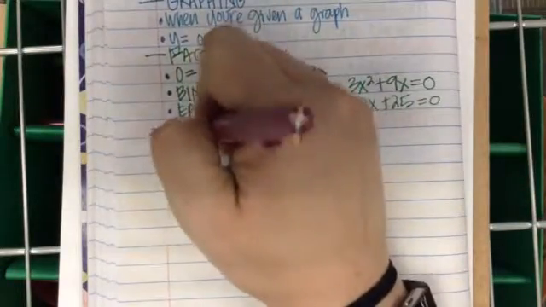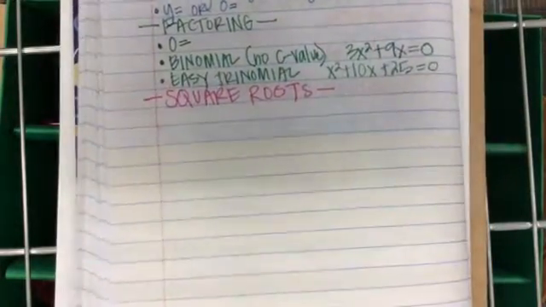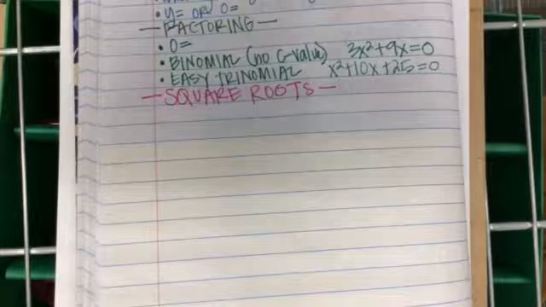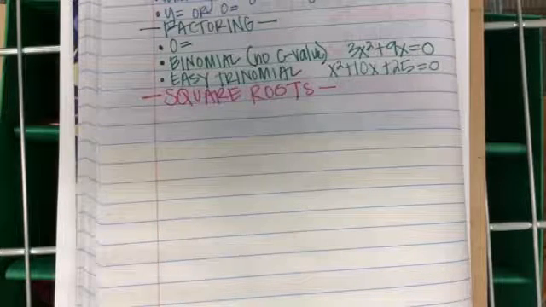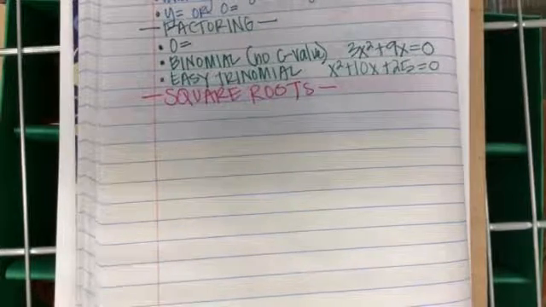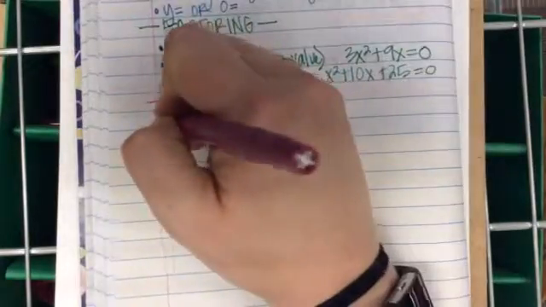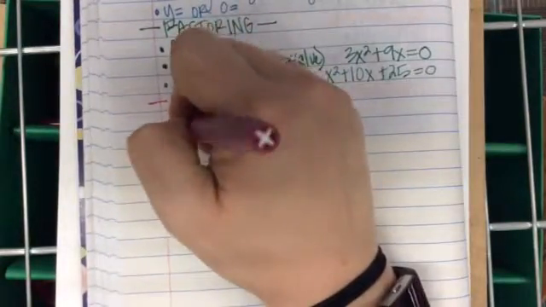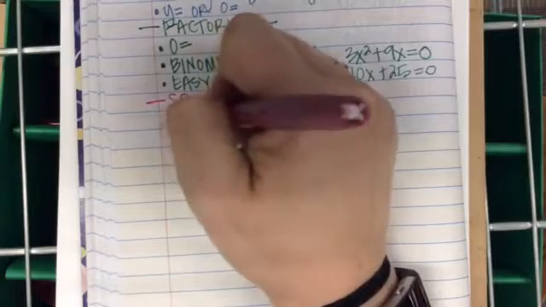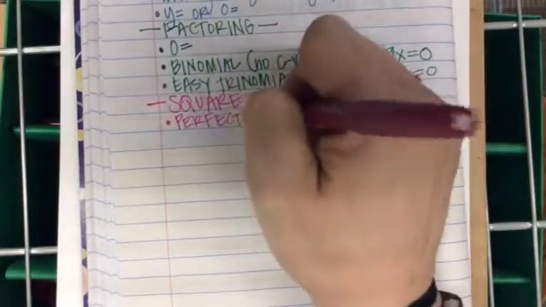Then we learned square roots. We look for perfect squares. If there's perfect squares in that problem, we're probably good to go.